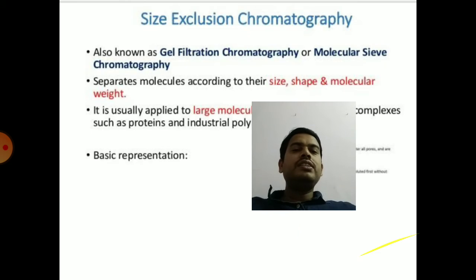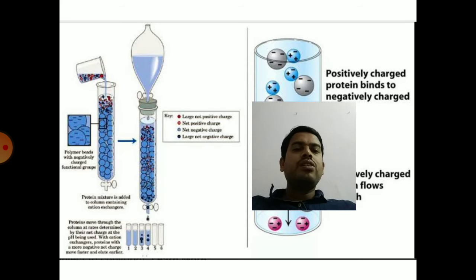The next one is ion exchange chromatography. The basic principle is that separation is based on the charge of the protein. Here you use a glass column as solid support and exchangers like anionic or cationic exchangers to pack the column.